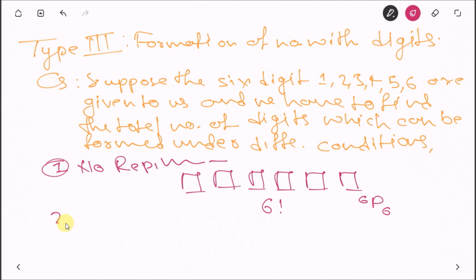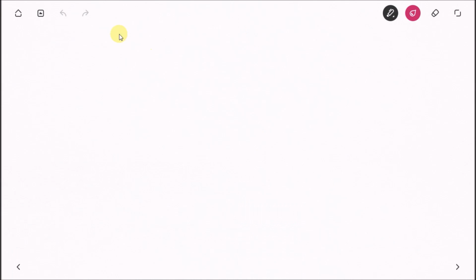Now the second condition is a number divisible by a particular number. If the question says the number should be divisible by 2 or 4, whatever. Suppose it is given that the number should be divisible by 2.